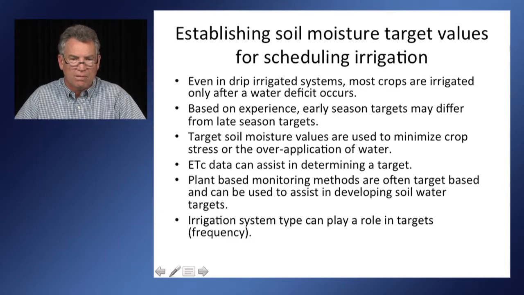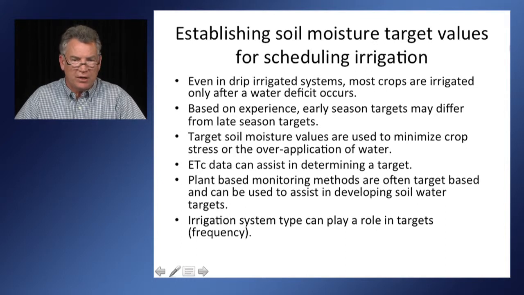Based on experience, early season targets may differ from the late season targets. Early season targets might tend to be more shallow, and more weight might be placed on those shallow readings as opposed to later in the season, when deeper soil moisture readings might be more appropriate for targeting irrigations.